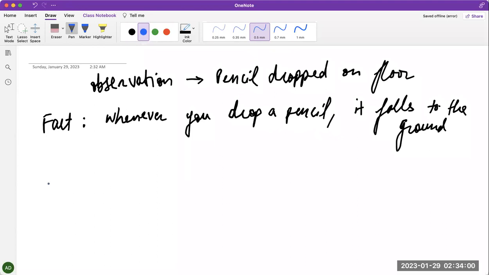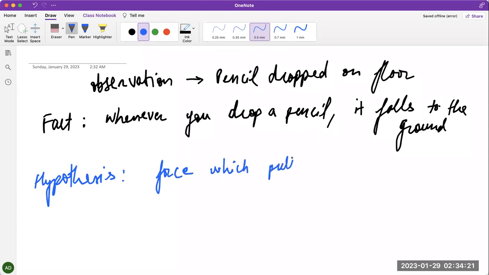Why does it not go in the opposite direction, right? So you ask yourself that question, and on that question you will make a hypothesis. Your hypothesis will be that the pencil drops because there's some kind of force which is pulling it down, right? So there's some kind of force which pulls the pencil down. Just a possible explanation.